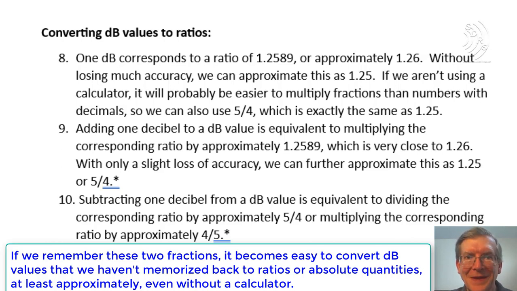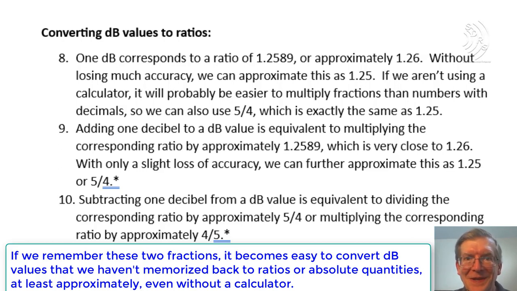And if we're subtracting 1 dB from a ratio or absolute quantity that's expressed in dB, that's equivalent to multiplying the corresponding ratio or absolute quantity by 4/5.